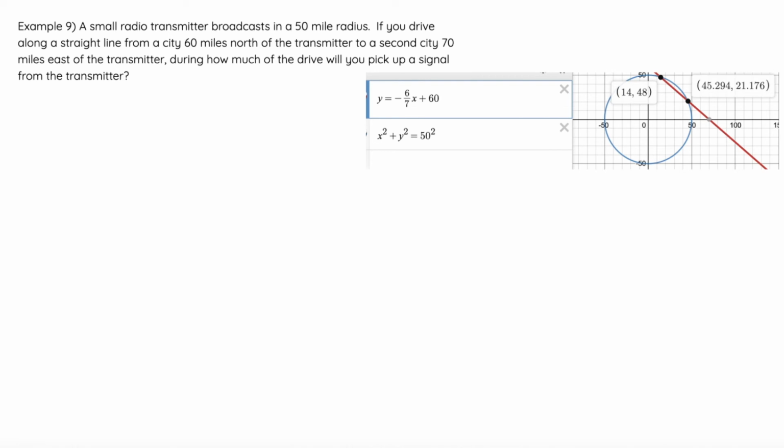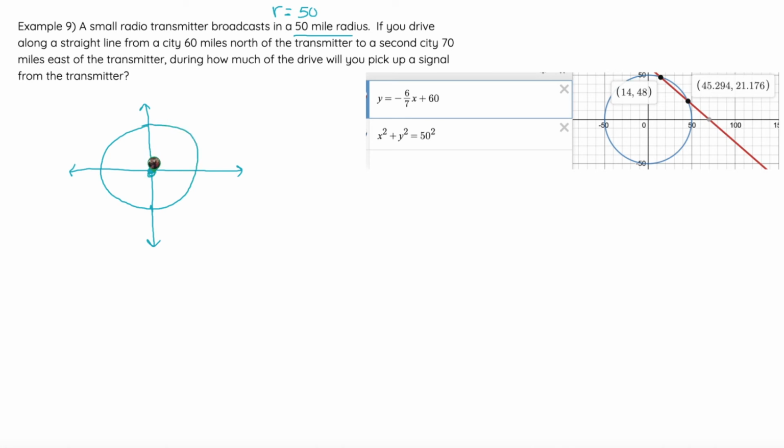So let's start there. If it's in a 50-mile radius, I know R is 50, and we can place this anywhere we desire. So perhaps I might want to put the center of my radio transmitter in the origin.